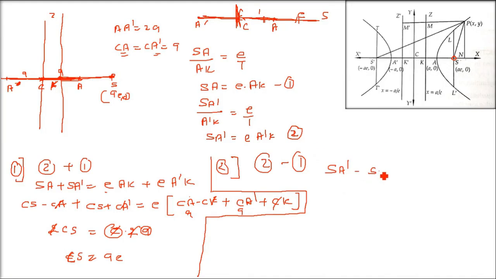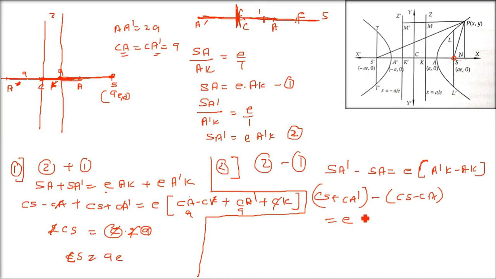SA dash minus SA equals E, take E common, and here you get A dash K minus AK. So whatever we have done in the first part, we are going to write it here. SA dash was CS plus CA dash. You remember? CS plus CA dash is SA dash, and take minus, what is SA? SA we wrote as CS minus CA, so it is CS minus CA.